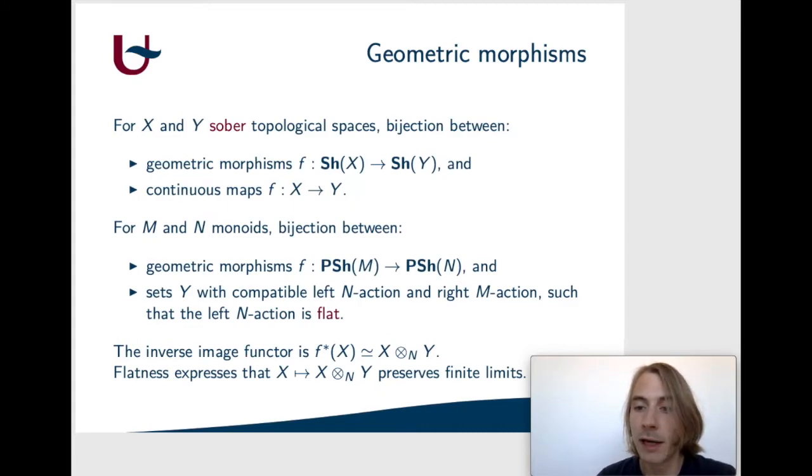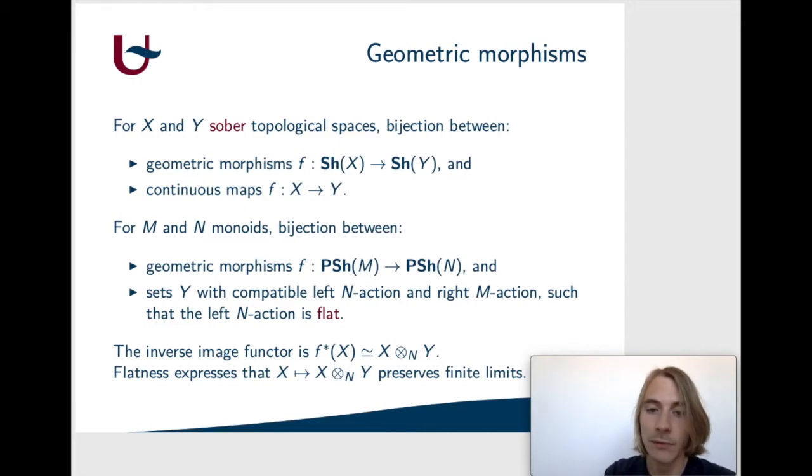So why is this the right notion of morphism? Well, if we look at sober topological spaces, for example, Hausdorff spaces are sober, then there's a bijection between geometric morphisms of the sheaf toposes and continuous maps between the topological spaces. Similarly, for monoids M and N, there's a bijection between geometric morphisms from one topos to the other, and sets Y that have a compatible left N action and right M action, such that the left N action is flat.